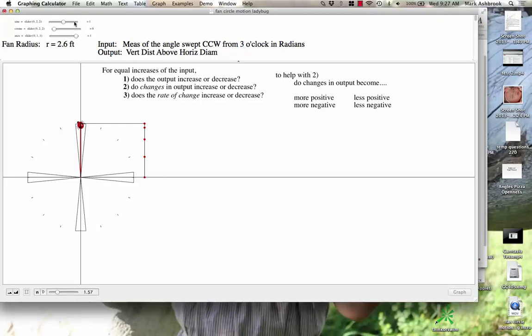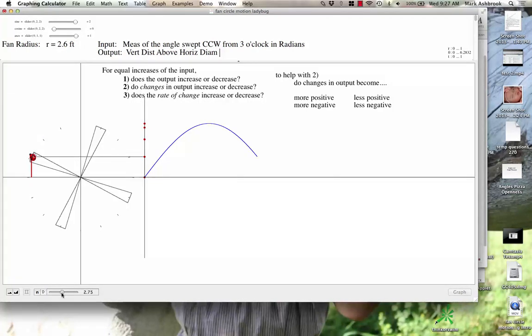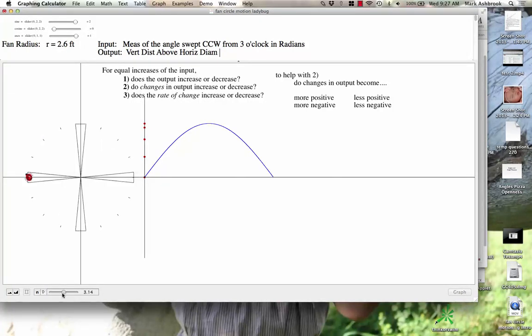Concave up or down? Decreasing rate is concave down. Okay, so in the second quadrant, the output is decreasing. The changes are decreasing also, which means concave down.